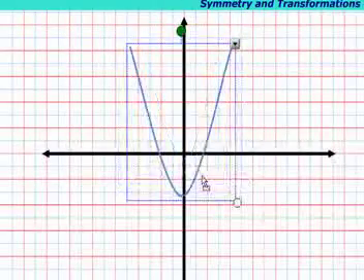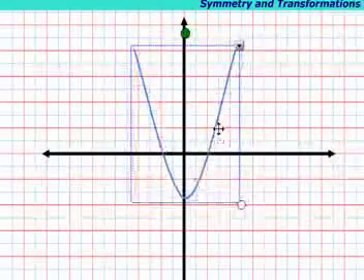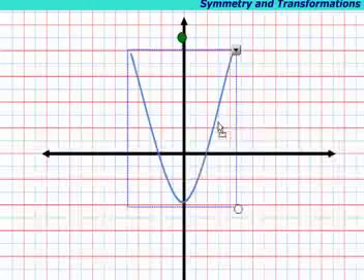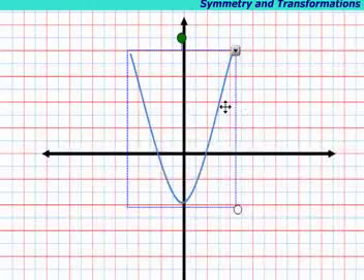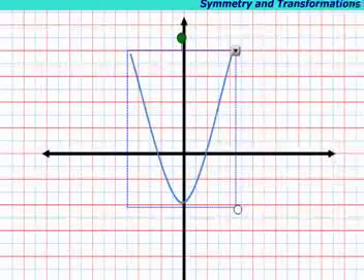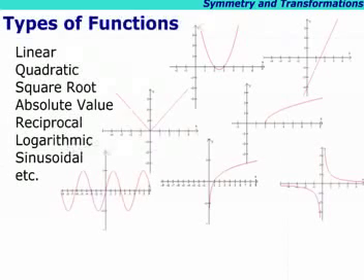Now the interesting thing about all these transformations is that they're very similar, almost identical, for many different kinds of functions. Here's a list of functions that you've probably seen already or will see in this class: a quadratic function, a linear function, a square root, absolute value, sinusoidal, logarithmic function, and an inverse function.